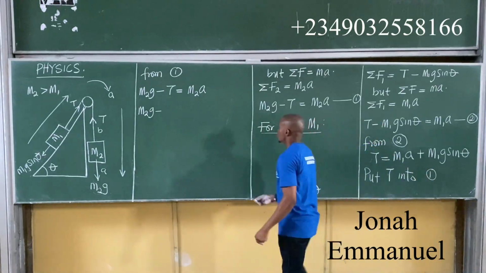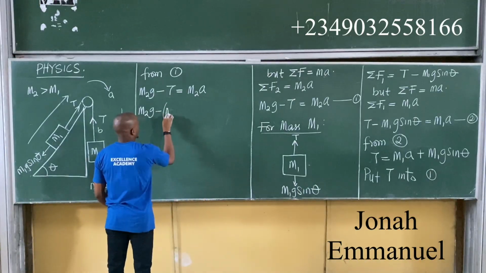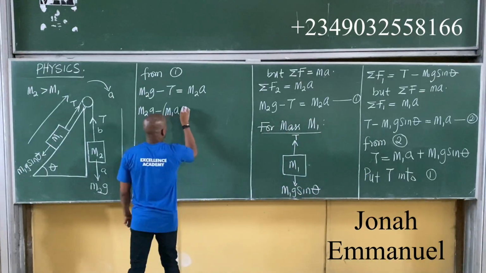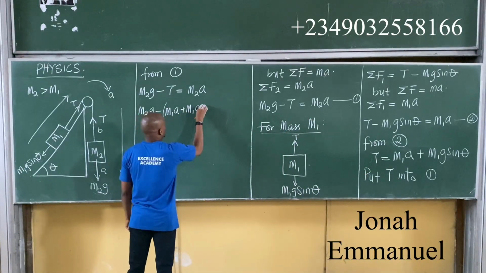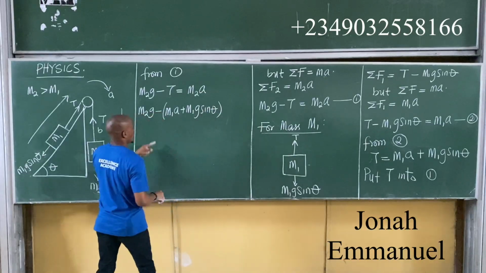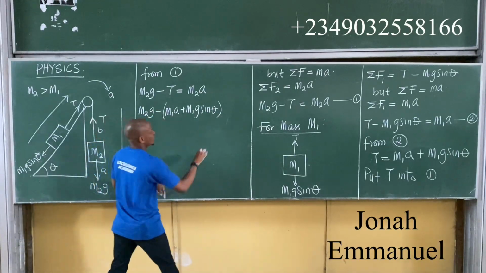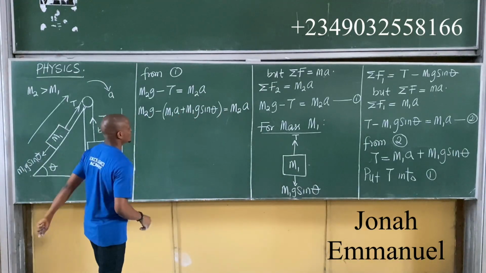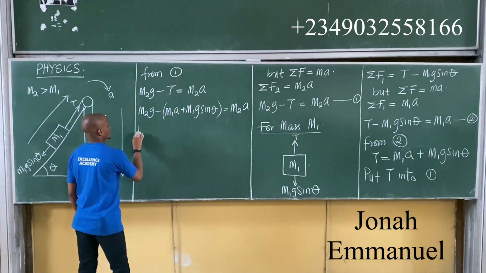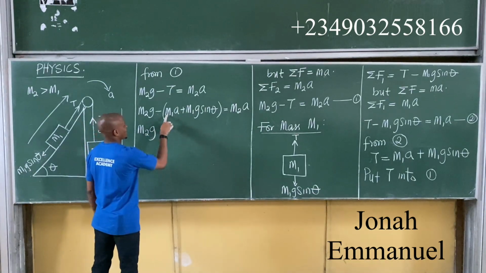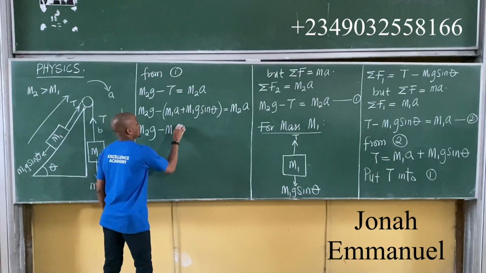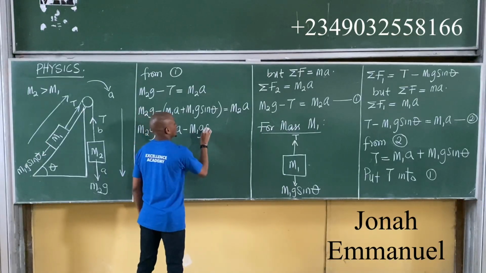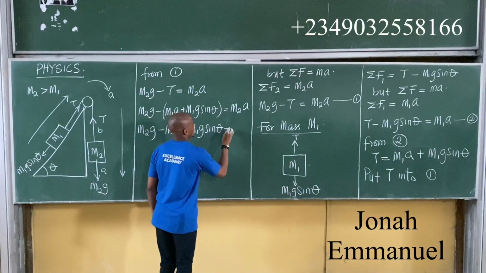T is this value, so it becomes M2g minus (M1a plus M1g sin theta) is equal to M2a. Alright, expand. This becomes M2g minus M1a minus M1g sin theta is equal to M2a.